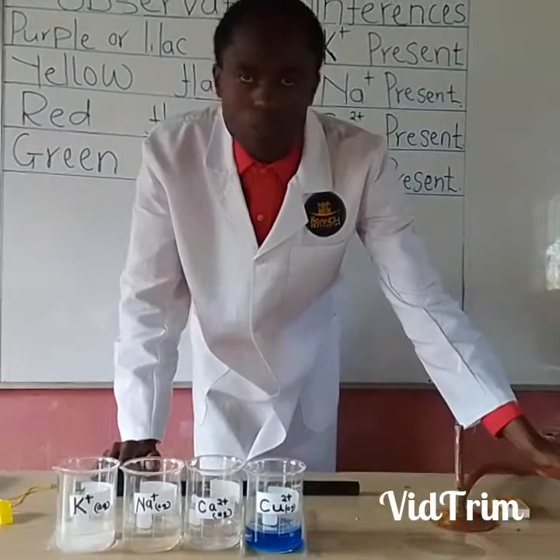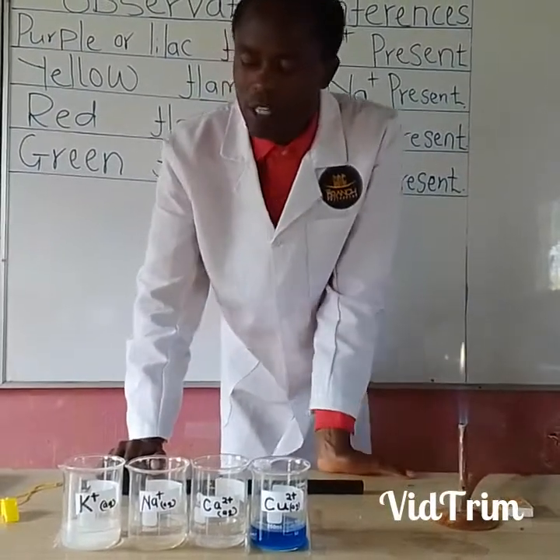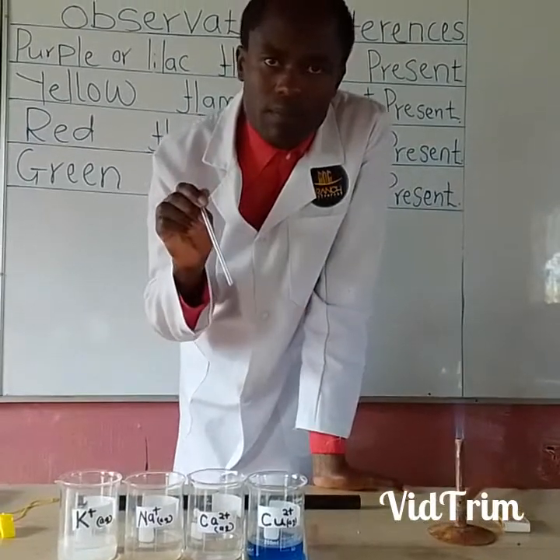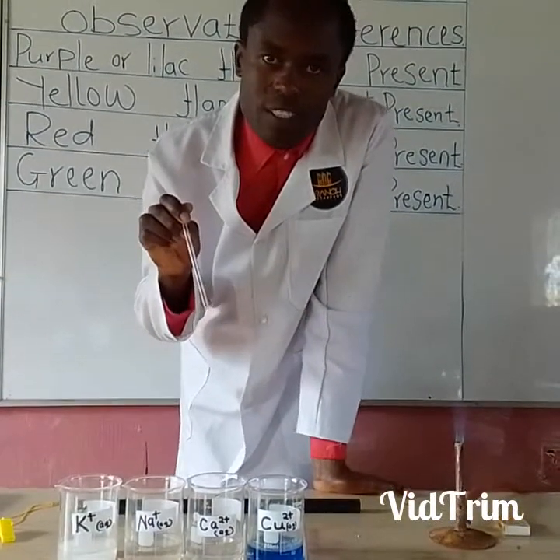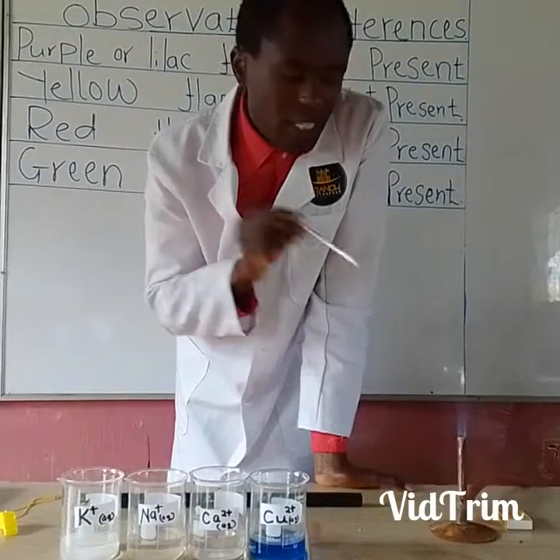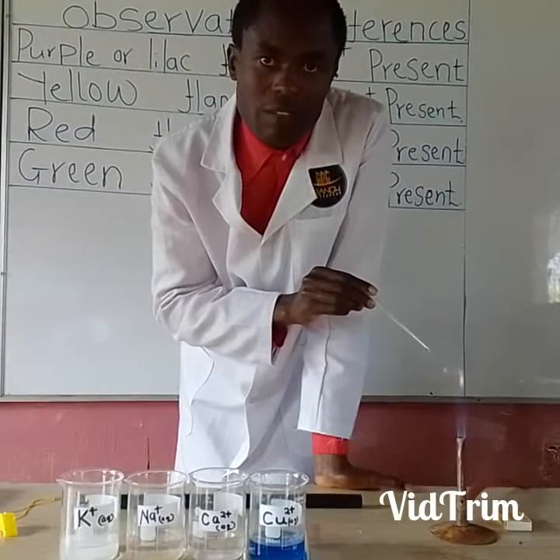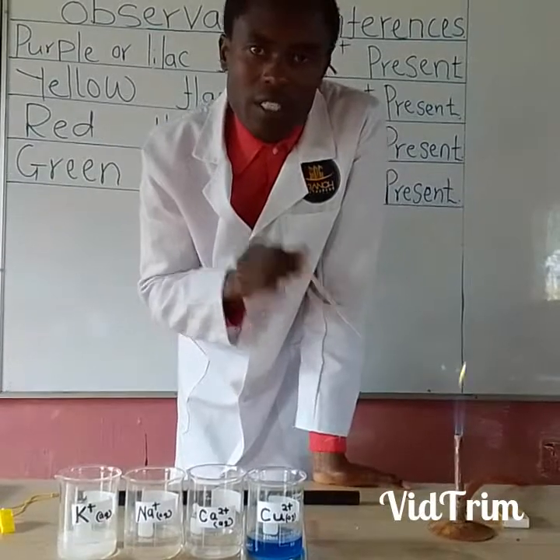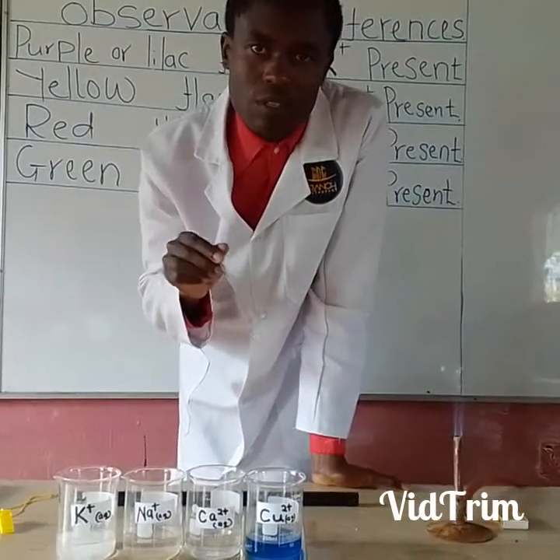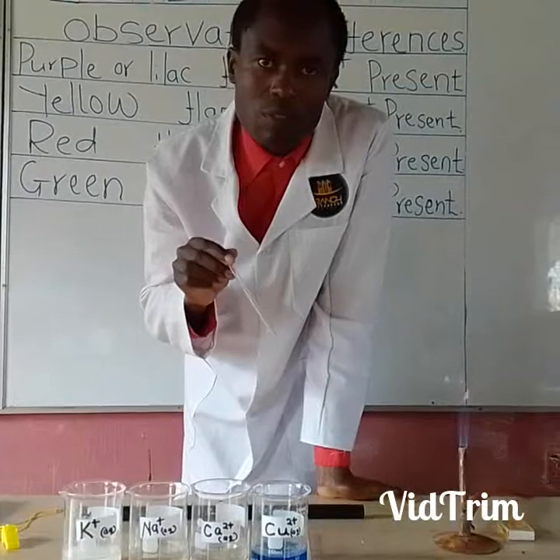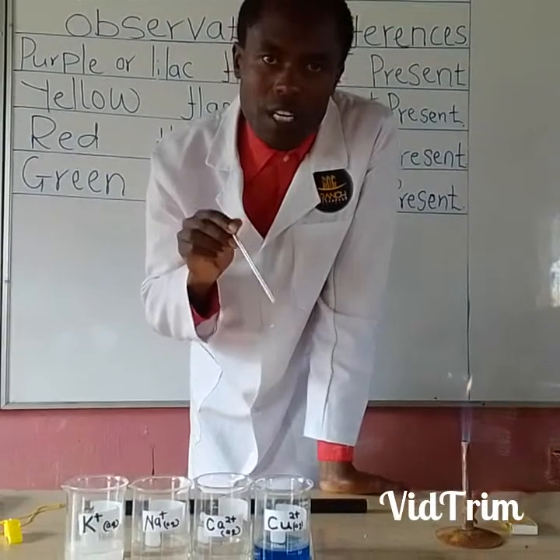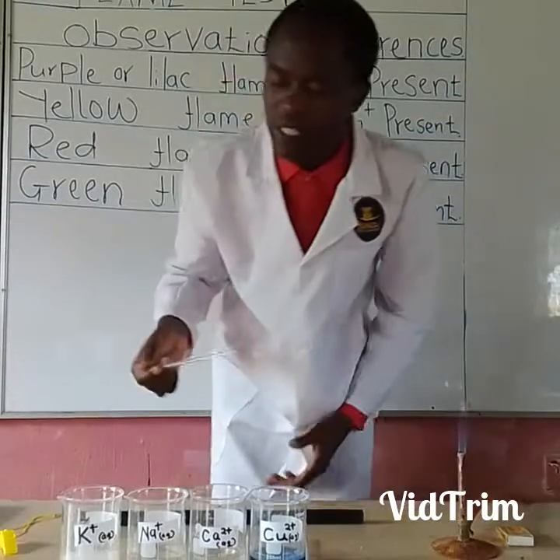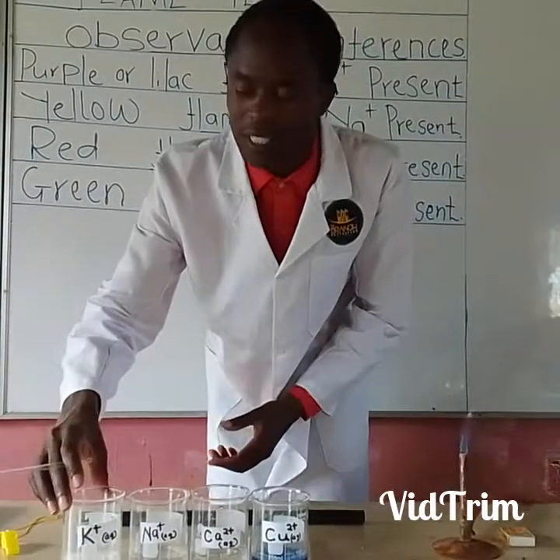I'm going to take a glass rod, dip it in a particular solution, then hit it on the Bunsen burner flame. So for you, it is just to confirm which color of flame each solution or each cation will produce.